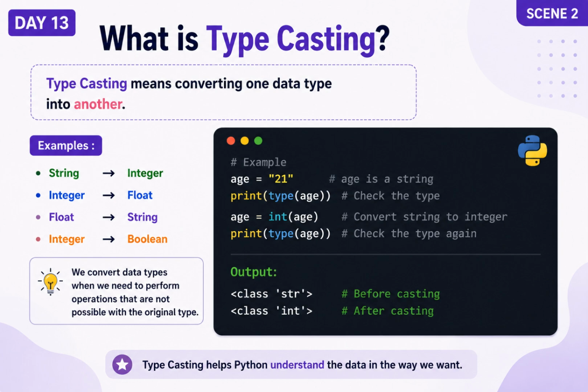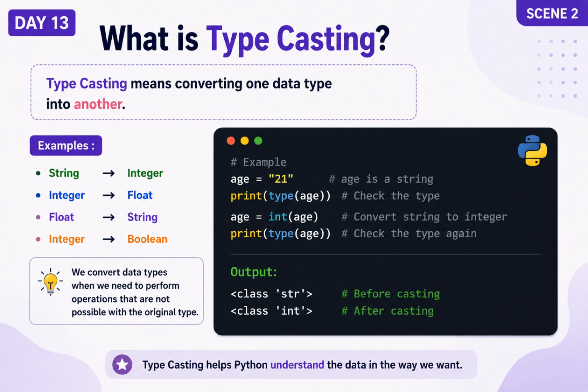First, let's understand what typecasting means. Typecasting means converting one data type into another data type. For example, a string can be converted into an integer, an integer can be converted into a float, or a float can be converted into a string. So let's look at this example.